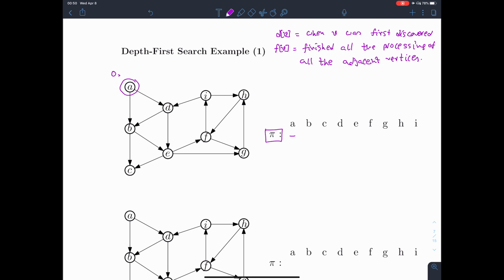None of B and D are visited, but we should go in alphabetical order. So B will be discovered at time 1.